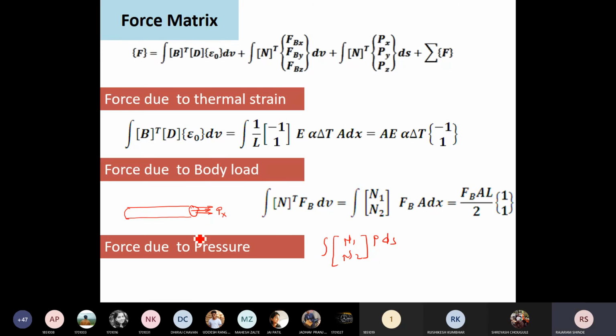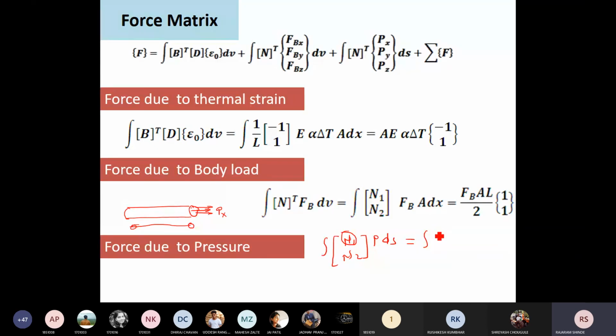Now, when pressure is acting at node number 2, then your N1 term will be 0 because shape function N1 is 0 at node number 2 and shape function N2 is 1. So depending upon the location of the pressure, you have to modify the shape function matrix. If pressure is acting at node number 1, then N1 will be 1 and N2 will be 0.